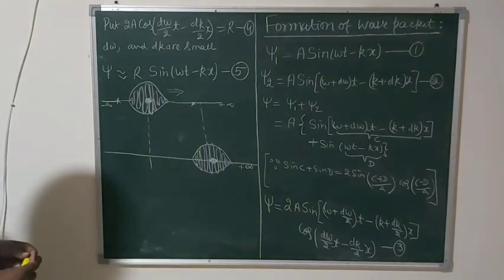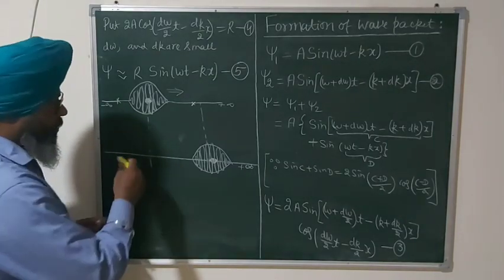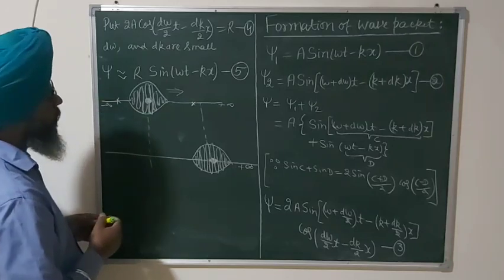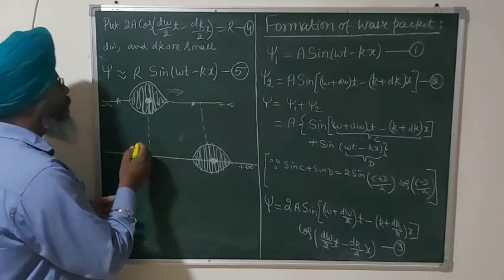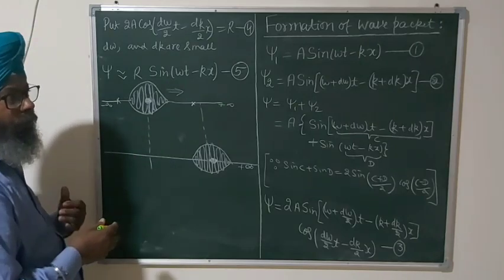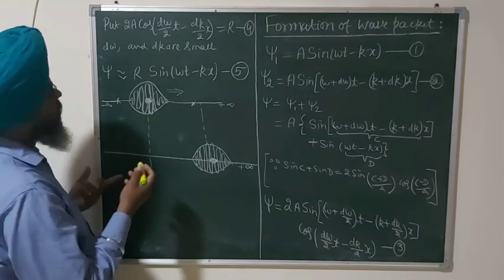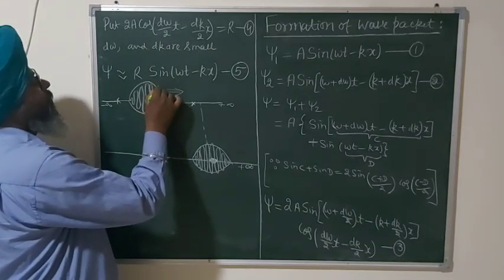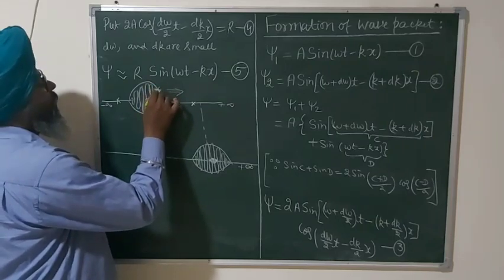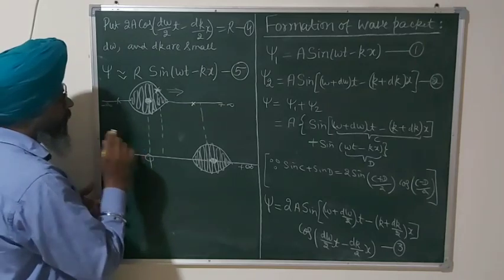Now it means we can find the speed of this wave packet just by finding the speed of any point in the wave packet of identical amplitude. Let us consider any point, maybe this point. This point on the amplitude is here, although the particle is here. Kindly remember, the particle is here.